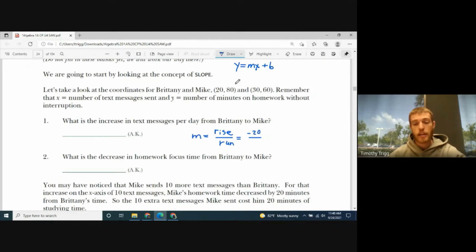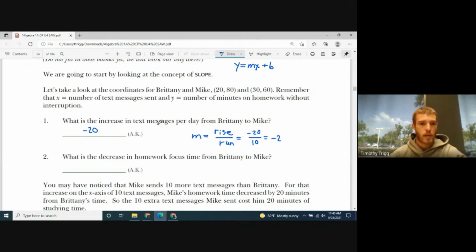And for the run, you look at the x coordinates. So it went from 20 to 30. That's an increase of 10, right? So the amount that it rises is actually down 20, but then it runs plus 10. If we simplify that, -20 divided by 10 is -2.